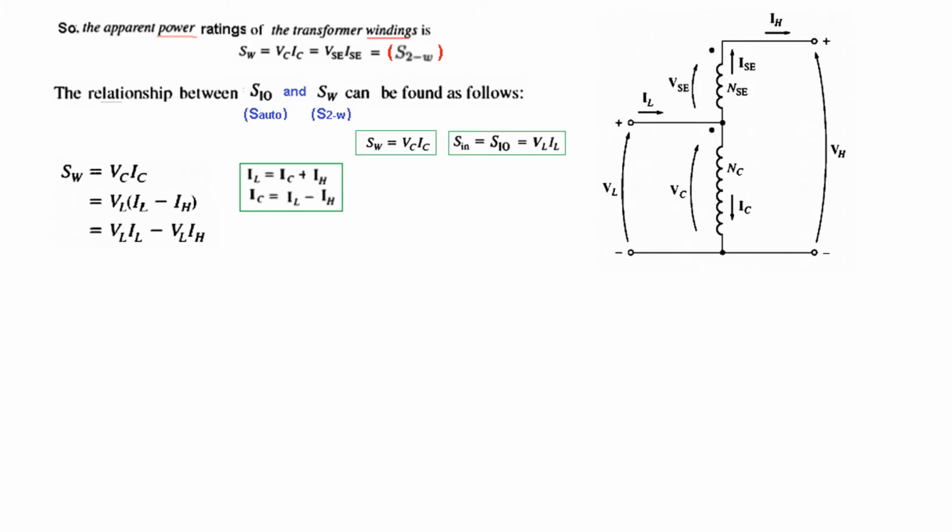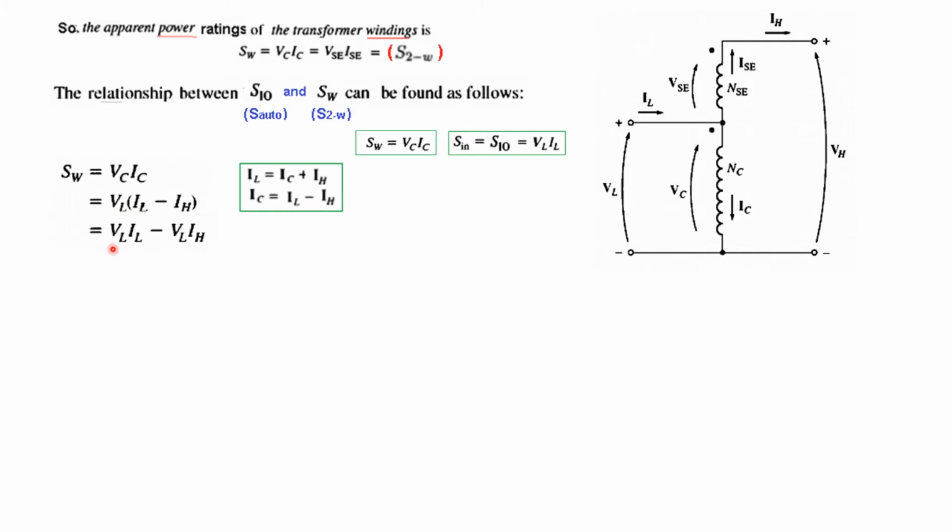Now this is the two-winding power. From here, you can see IL was IC plus IH. IL is IC plus IH, so we can write IC to be IL minus IH. So we plug this in, and we get this term.